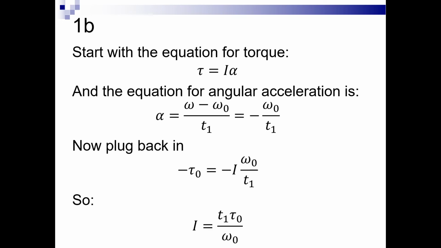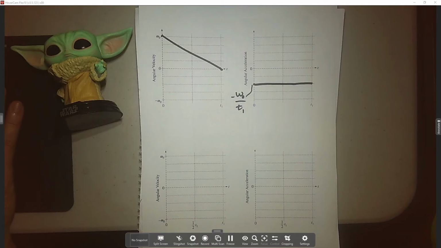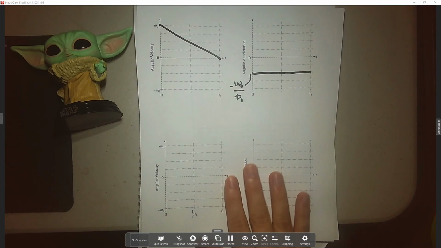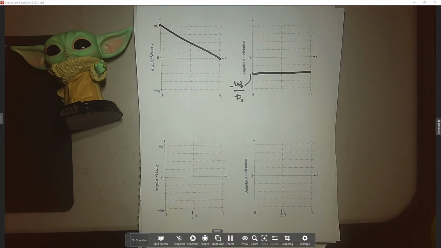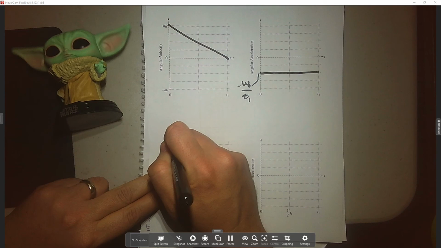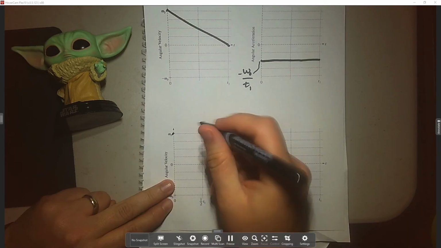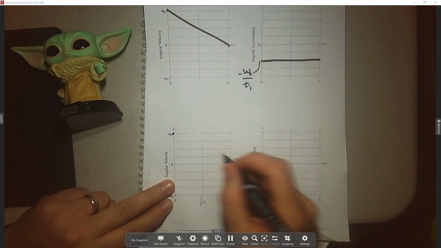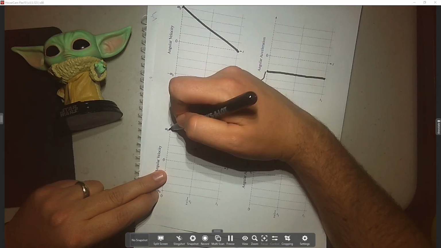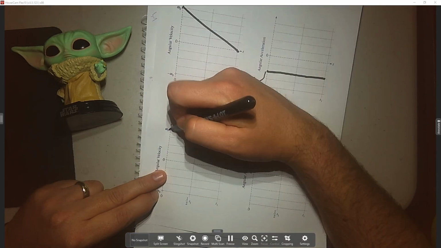But then in part C, it says for the first half of the time, they are doing the same basic setup. So I'm going to start with a similar looking graph. It starts out with an angular speed of omega 0, and it would have gone to here, but at t equals t1 over 2, so for the first half, it's going to be the same motion.